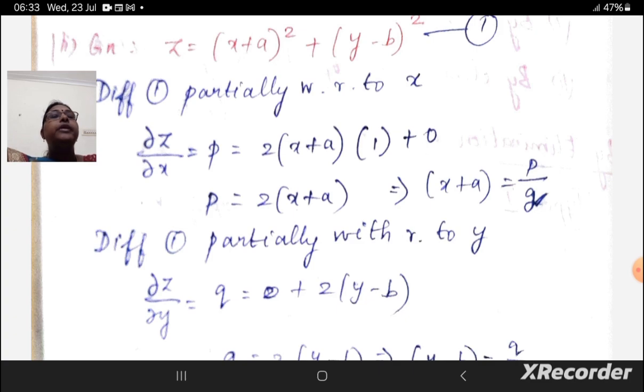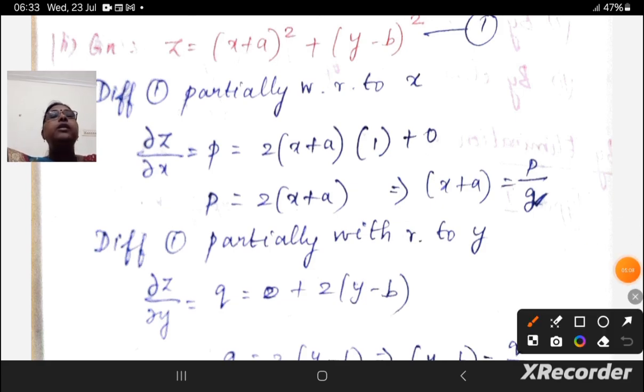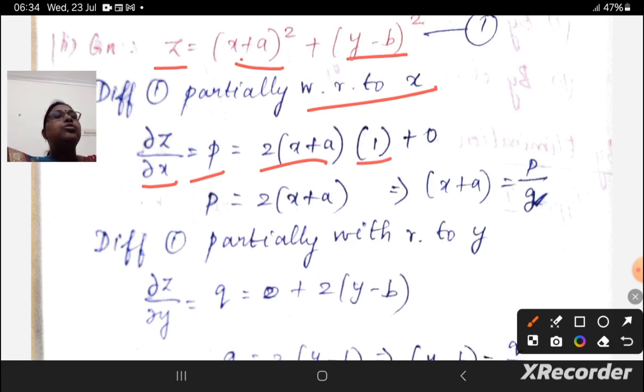The second one is z = (x + a)² + (y − b)², and note it as equation number 1. Again we differentiate with respect to x. On the left side, ∂z/∂x, which we know is p, and on the right side it is the power rule, so 2(x + a) times the derivative of x + a, which is 1. For the y term there is no x, so it is a constant, 0.